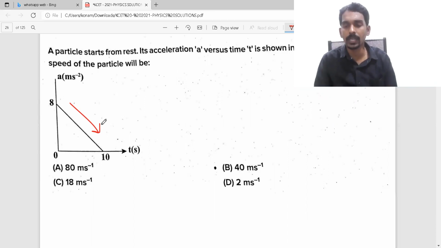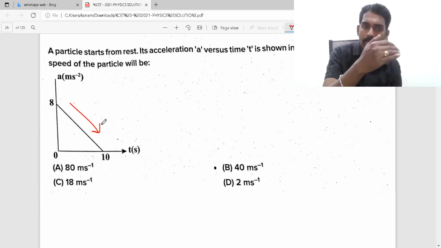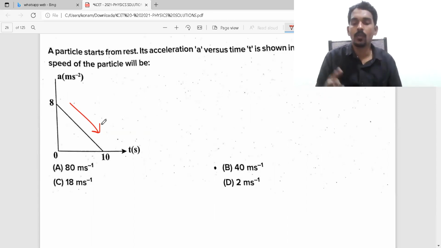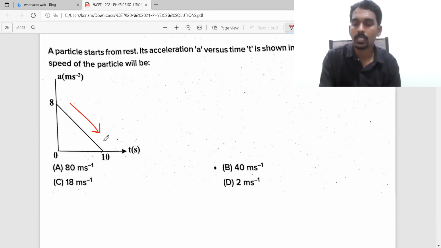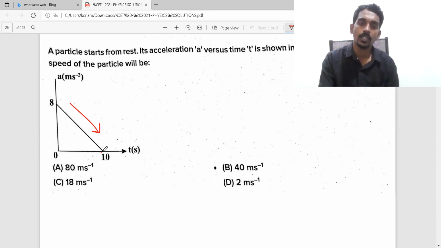At one particular moment acceleration becomes 0, and then velocity will not increase further. Even though acceleration is decreasing, there is some acceleration, so velocity keeps increasing. The moment acceleration becomes 0, the velocity stops increasing. That's why at 10 seconds, the velocity becomes maximum.